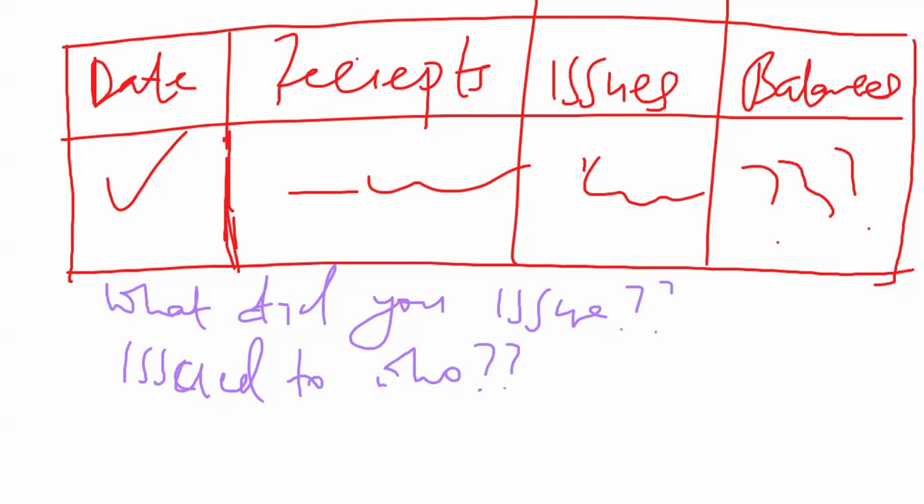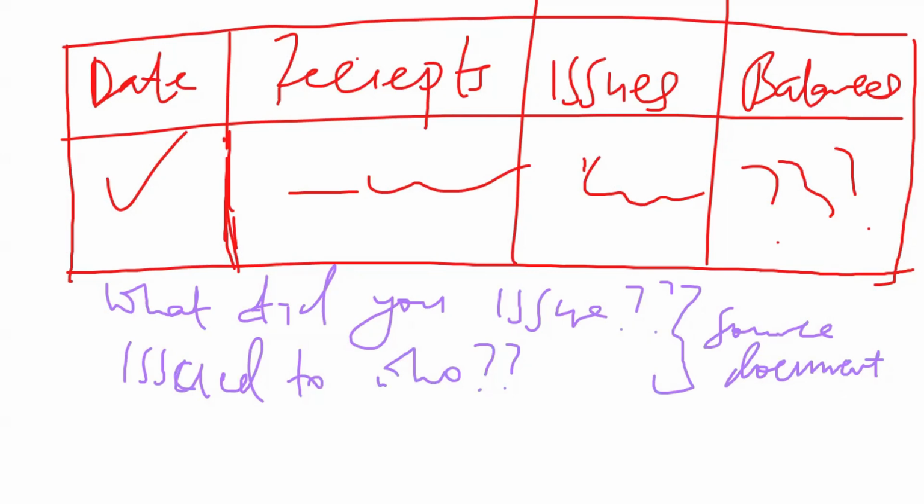And then you will also be able to see the store's requisition, because all of this will be accompanied by a source document. I issue to the production manager, because the production manager supplied me with the store's requisition.